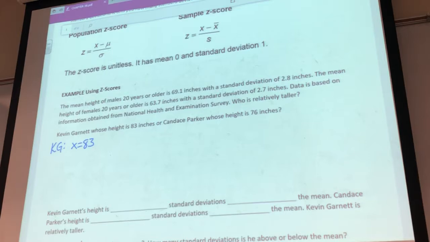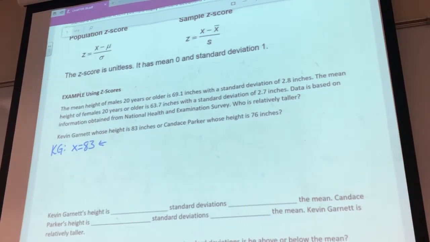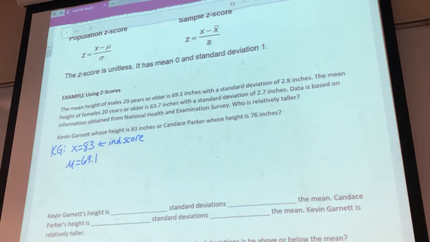Your mu and your sigma are the mean and standard deviation, but your X is your individual score, or height in this case. And then his mu will be 69.1, and his sigma will be 2.8, from here and here. So his z-score will be 83 minus 69.1 divided by 2.8.